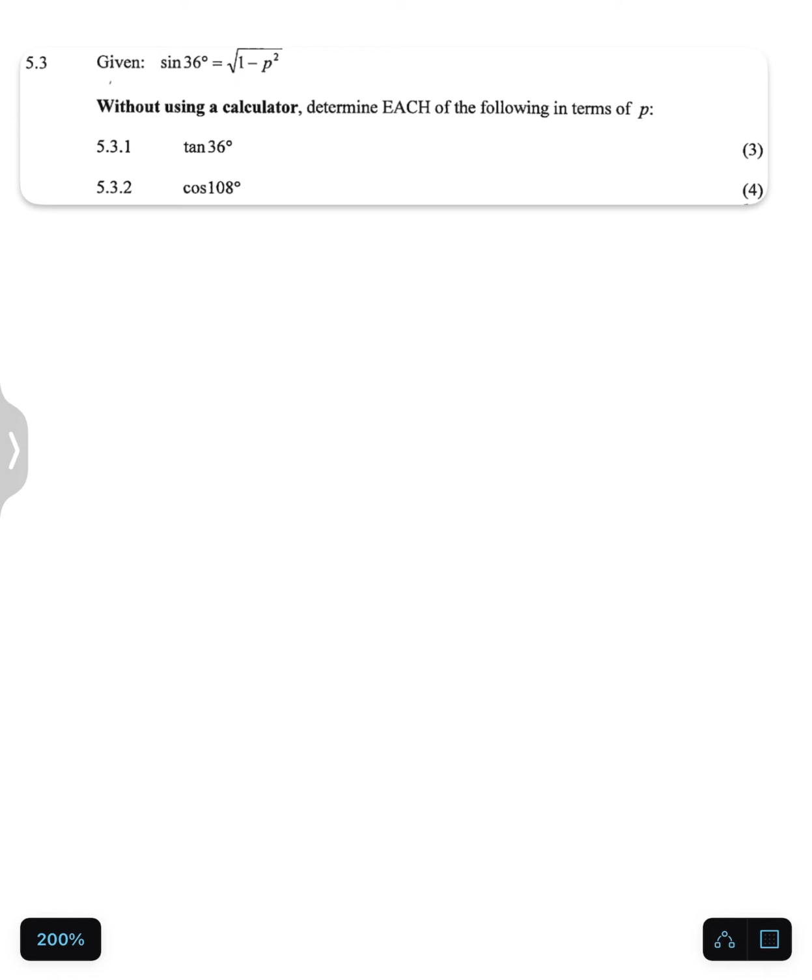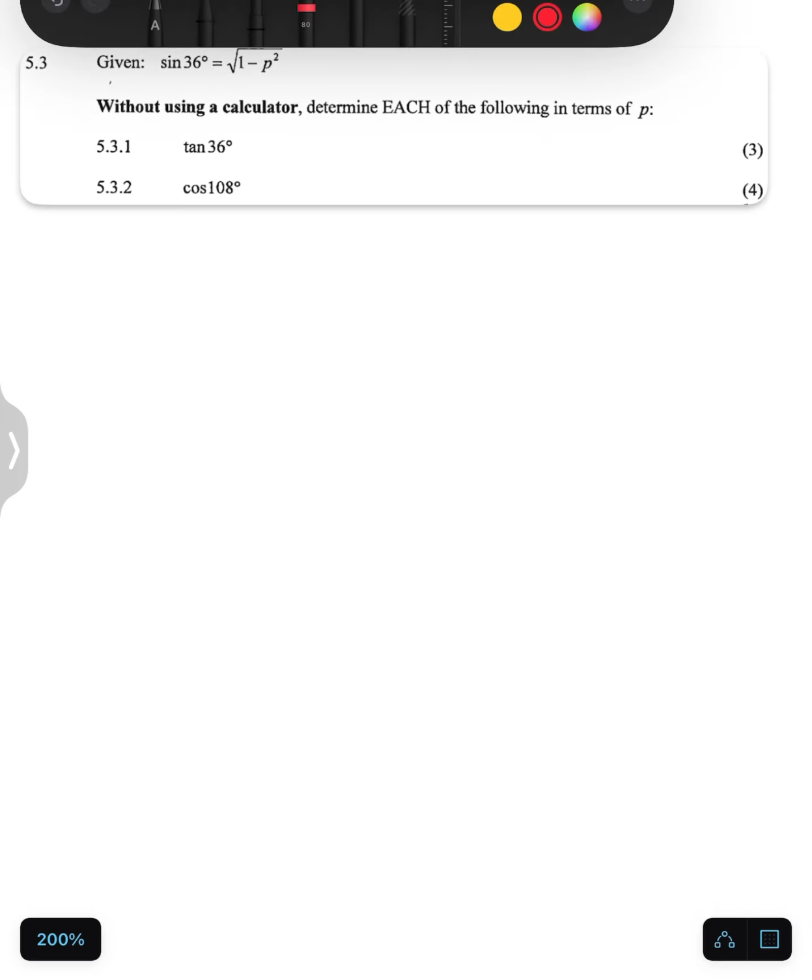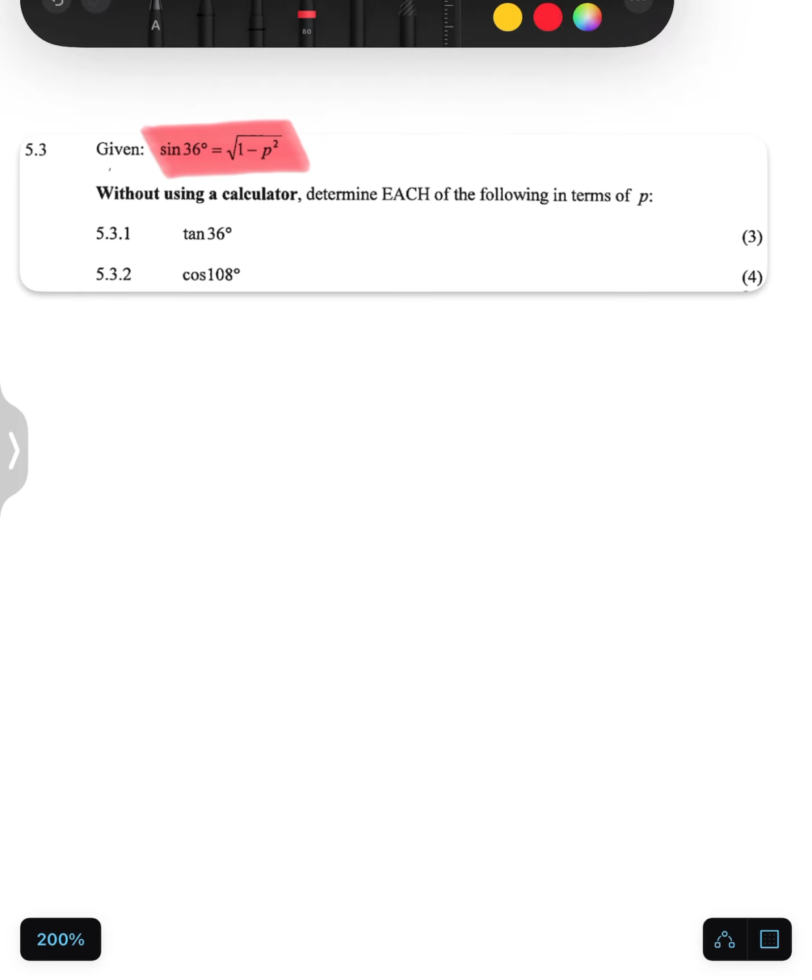5.3.1, tan of 36 degrees. Okay, the first thing that you want to do here is to draw a diagram. So as you can see from this, we have sine of 36 degrees. So the angle that you're going to look at here is angle 36. That is going to be our reference.